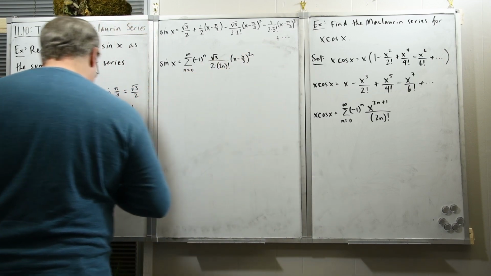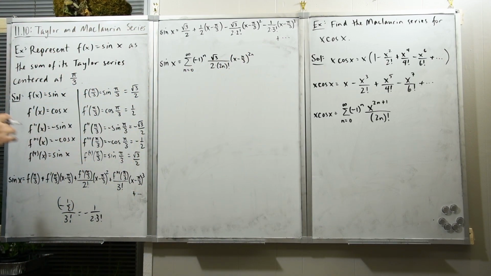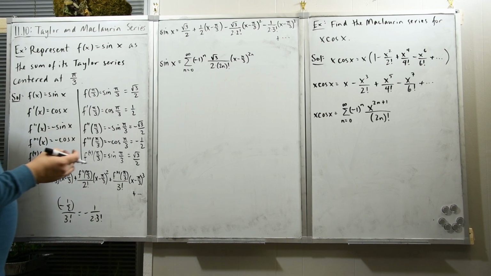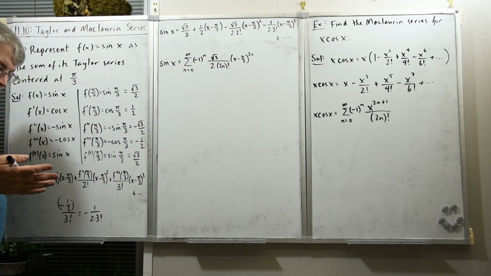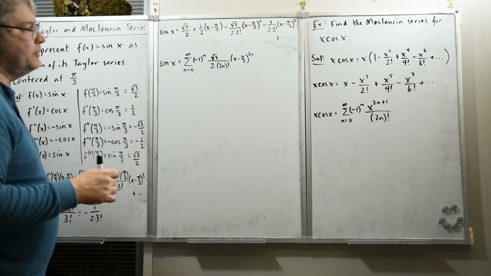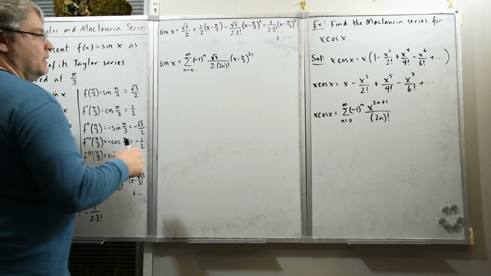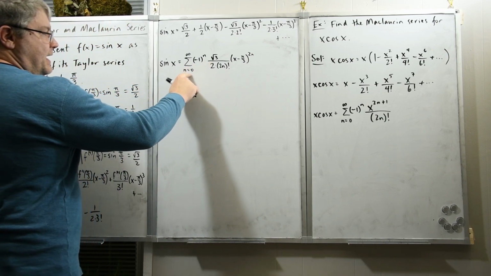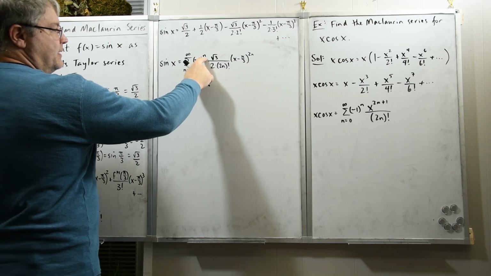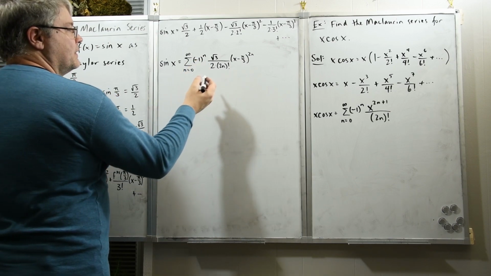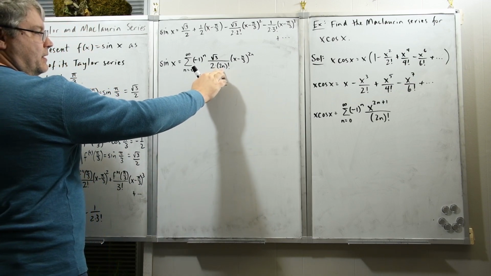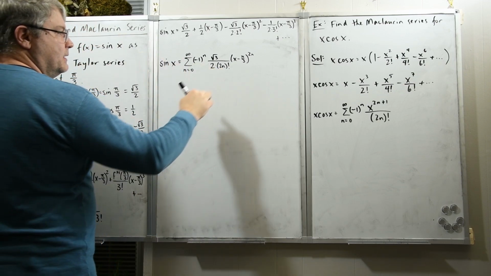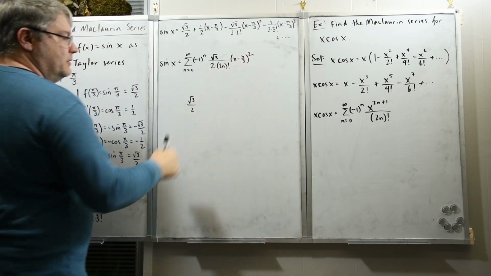So you might say, why 2n? Well, it's 2n because you're always dealing with even powers of x minus pi over 3 for this sum. And 2n is an even integer whenever n is an integer. So if you take a look at n equals 0, negative 1 to the 0 gives you 1. You'll have a root 3 over 2. 2 times 0 is 0. 0 factorial is 1. x minus pi over 3 raised to the 2 times 0.